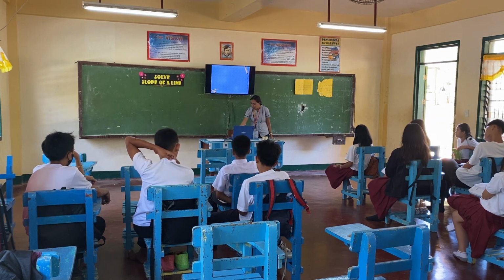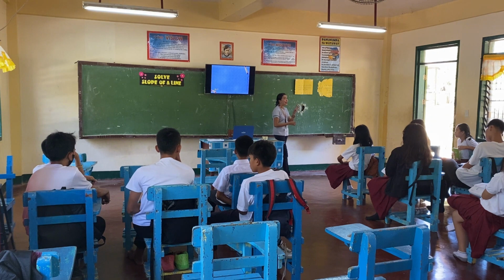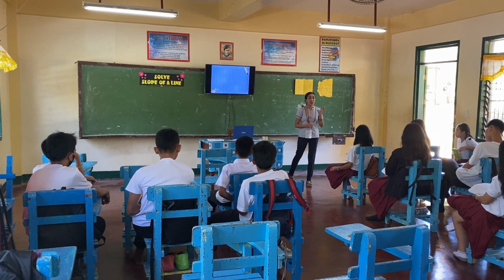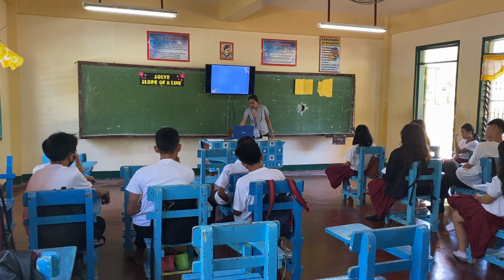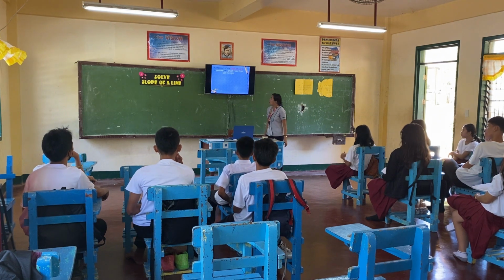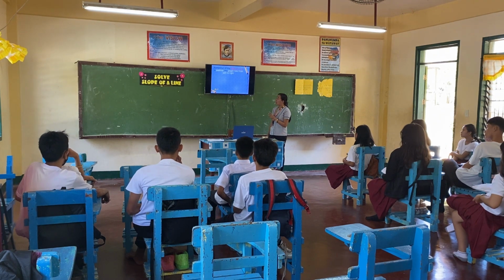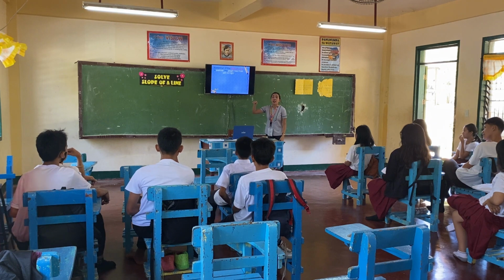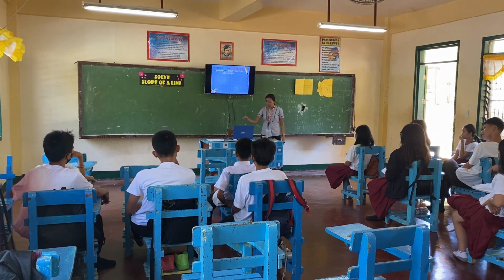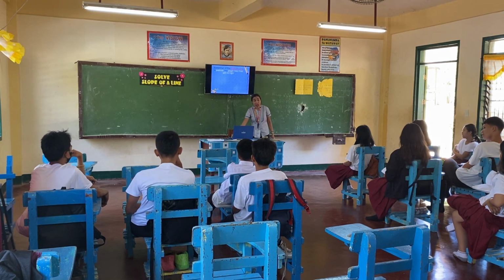Okay. So there are 4 different types of graph of the slope of a line. Let's have first this one. Remember, if the slope of a line is positive, the graph rises from left to right. Is it uphill or downhill? Uphill.